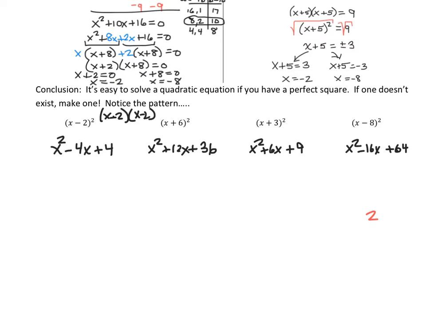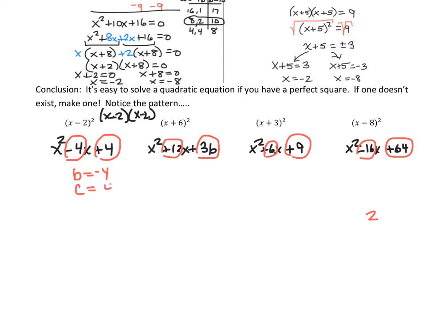Now, I want you to make an observation here. How does this b relate to c? So in every case, there's a pattern. And that pattern is the secret to us being able to create a perfect square. So in this case, b was negative 4, and c turned out to be positive 4.